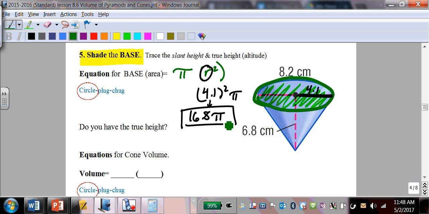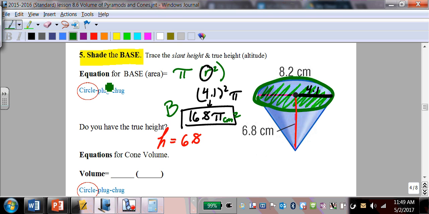Check this as centimeters squared. Now, physically trace your true height. Tyler, what's our true height? You are correct. We write H equals 6.8.